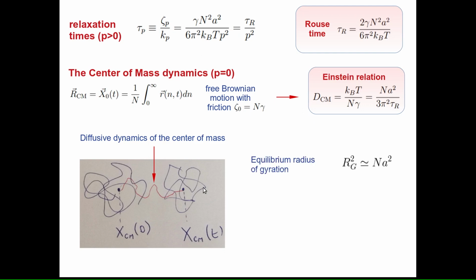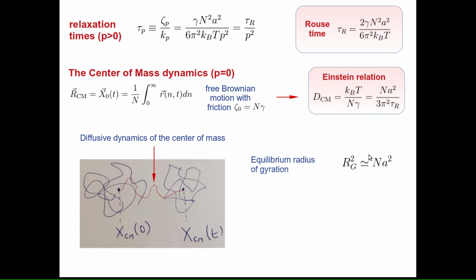All right. So what do we know about this polymer? This polymer is an ideal polymer, therefore it's in equilibrium. The equilibrium radius of gyration of the polymer follows this ideal polymer statistics. So Rg squared scales as N a squared. But this N a squared is precisely what we find here in this expression of the diffusion coefficient, right?